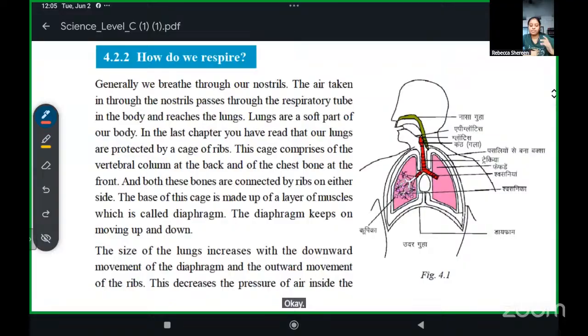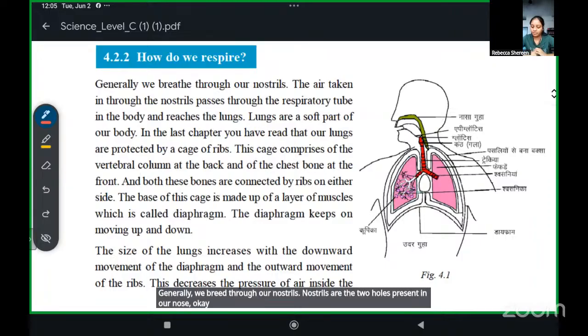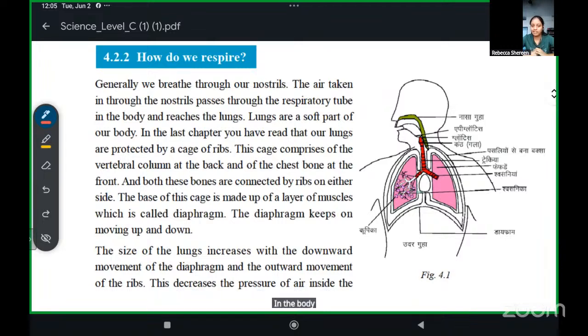Now comes how we respire, or how respiration takes place. Generally, we breathe through our nostrils. Nostrils are the two holes present in our nose. The air taken in through the nostrils passes through the respiratory tube in the body and reaches the lungs.